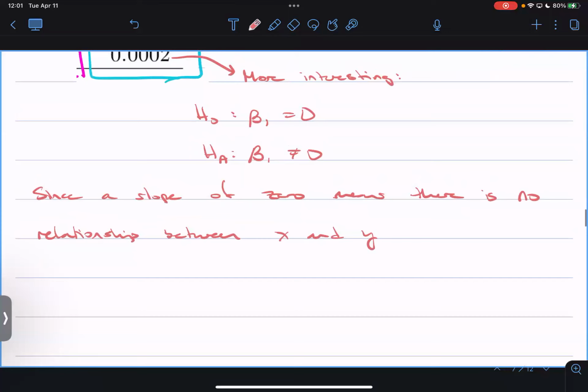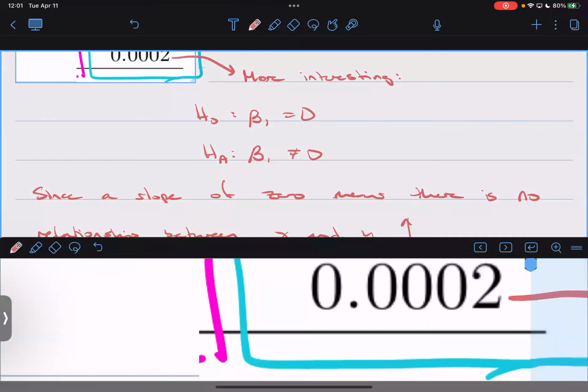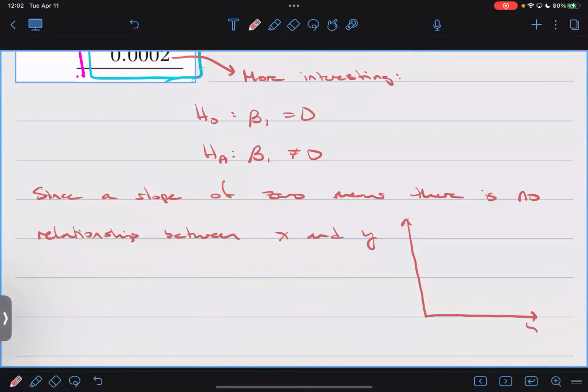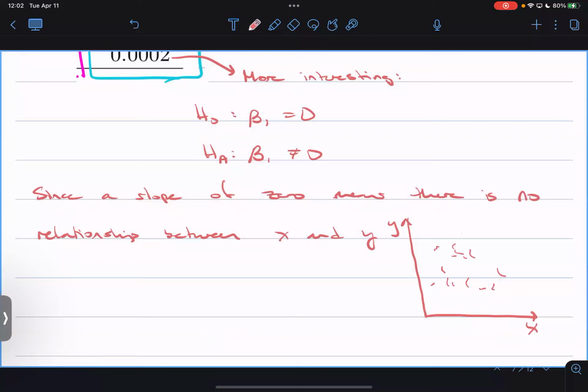Right? It would look like, so, oh, whoa. Oh, you guys can't see that. It's doing something very weird on my end. X and Y, right? No relationship. It's just a cloud.